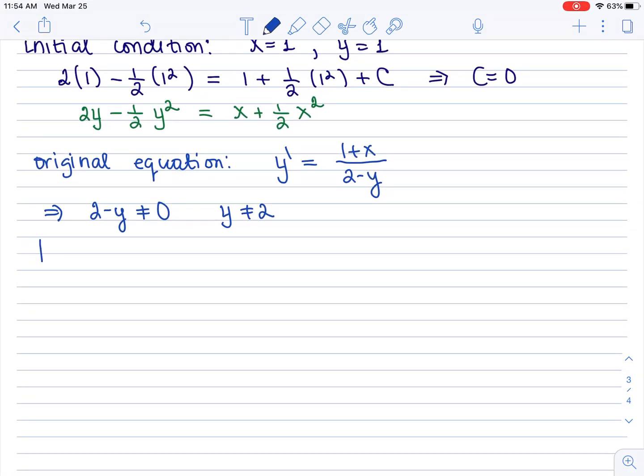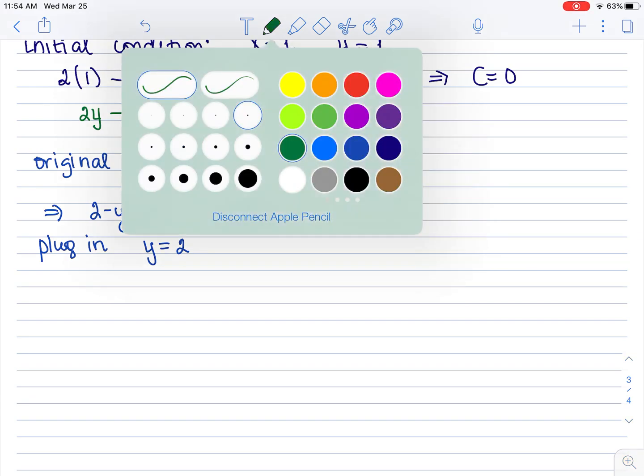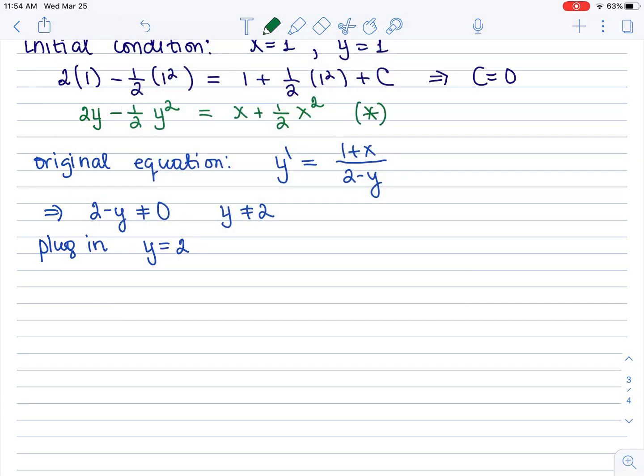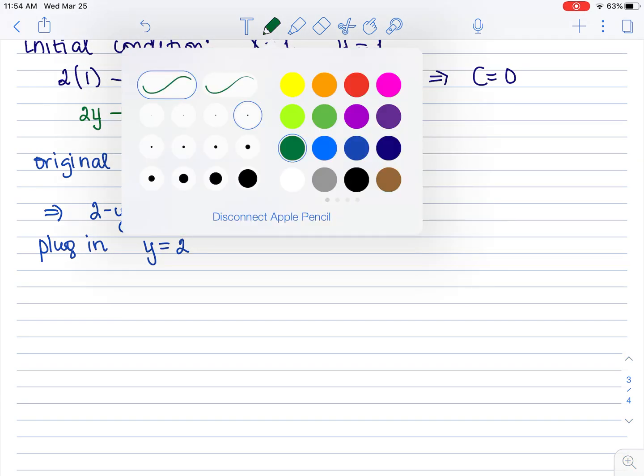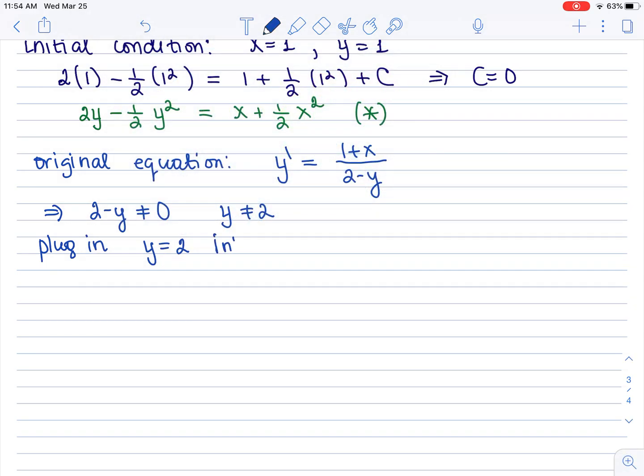So we plug in y is equal to 2 into this equation right here, which I'm going to mark as star. What you're going to get is x plus 1/2 x squared is equal to 2 times 2 minus 1/2 times 2 squared. So this is going to be 2.